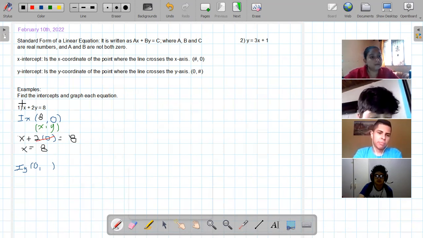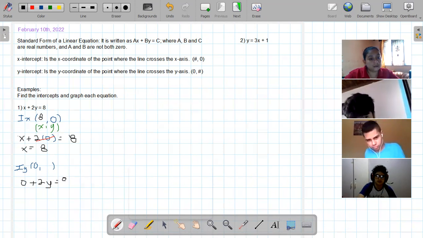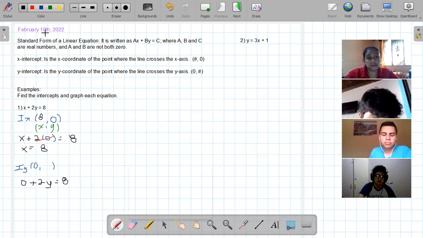So we're going to have now, instead of x in the original equation, 0 plus 2y equals 8. I don't need a 0 adding or subtracting, so basically I can eliminate that, and I can say that I have only 2y. Now we need to leave the y completely alone.